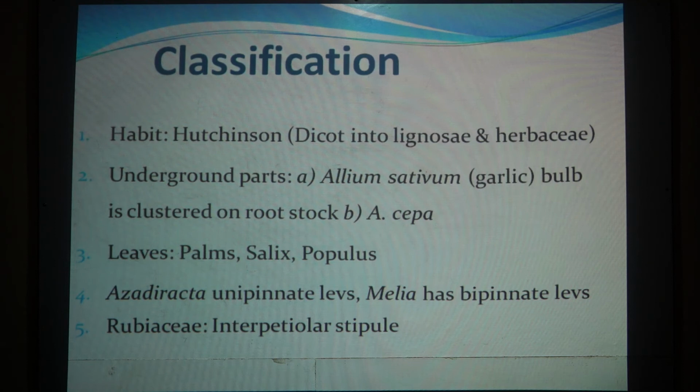He proposed an artificial system, also called the sexual system of classification, which is completely based on morphological characters of the plant. The best natural system of classification, which we use for our practical purposes, the Bentham and Hooker system, is also based on purely morphological characters.